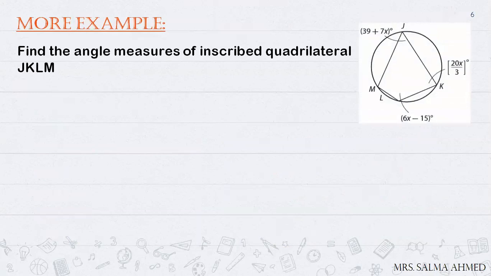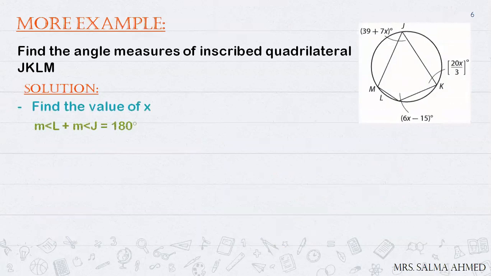Another example. Find the angle measures of inscribed quadrilateral JKLM. So I'm going to follow the same steps to get X first, and then I'm going to substitute the value of X. So I'm going to choose the 2 opposite angles, which are J and L. So from the definition of supplementary, measure of L plus measure of J equals 180.